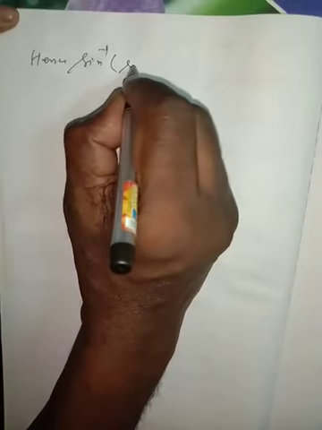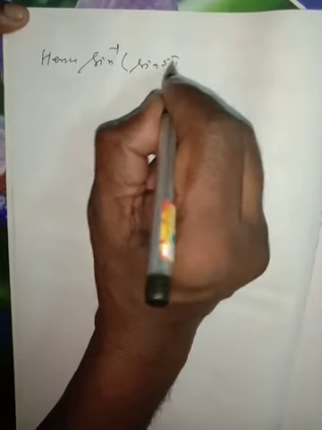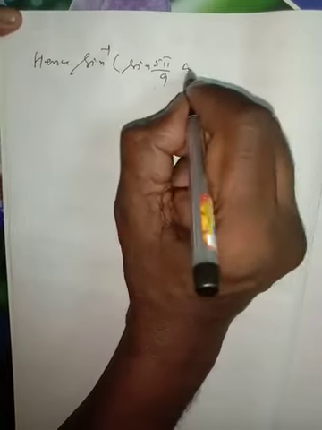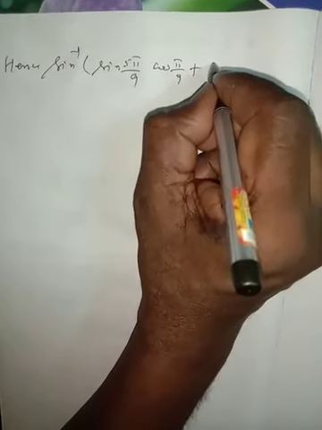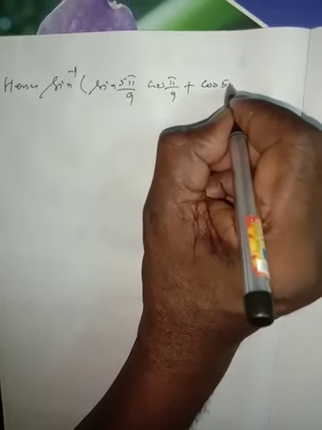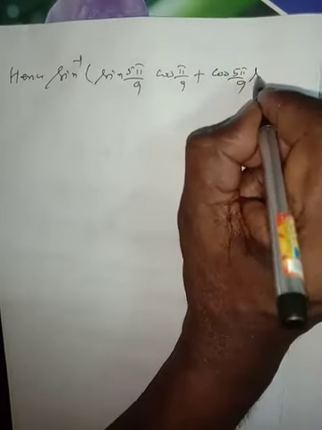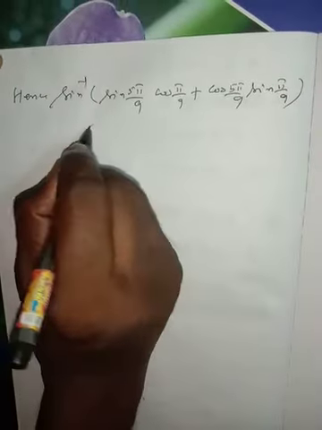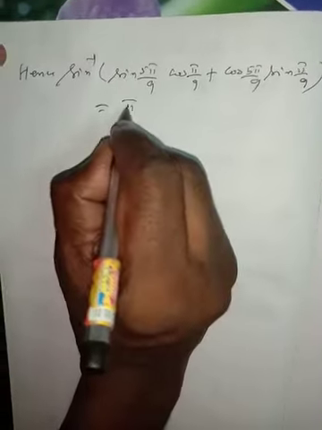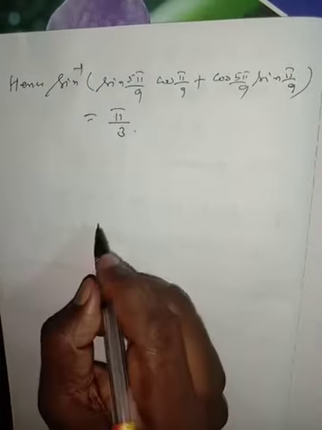Hence sin inverse of sin pi by 9 cos pi by 9 plus cos pi by 9 sin pi by 9 is equal to pi divided by 3.